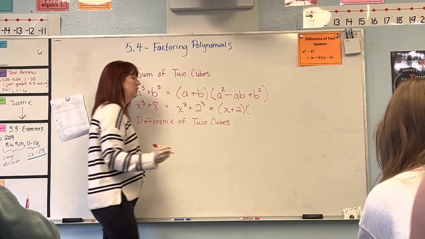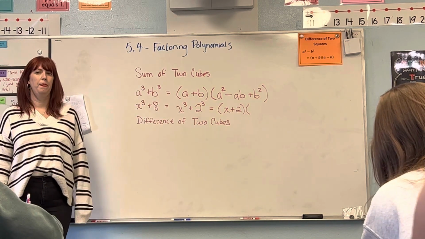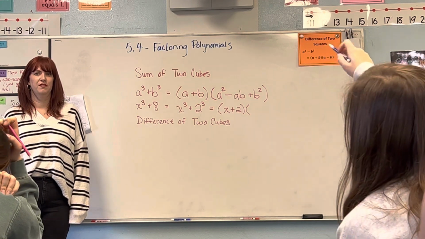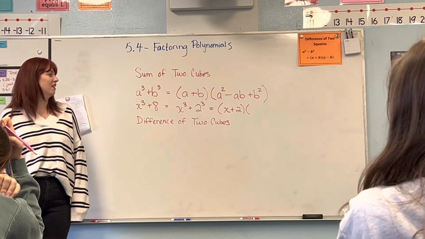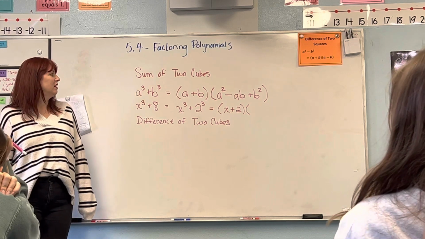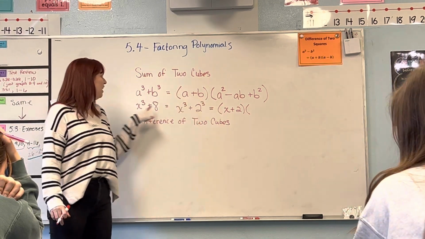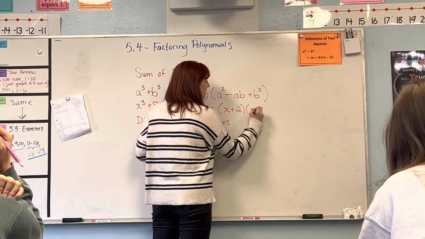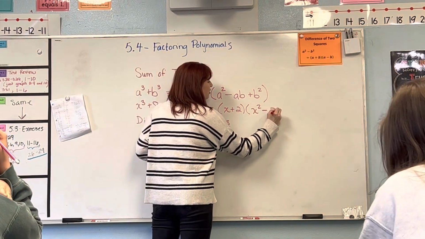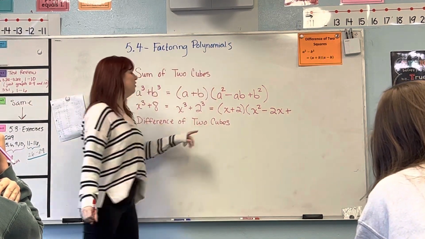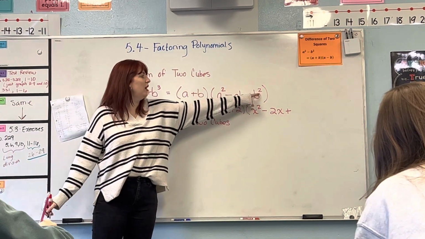Times a squared, which is x squared, minus ab, which is 2x, plus b squared.